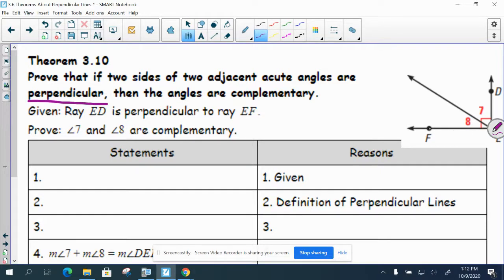So if this angle side is perpendicular to this side, given ray ED is perpendicular to ray EF, we want to prove that angle 7 and 8 are complementary. So first, let's say that ray ED is perpendicular to ray EF.